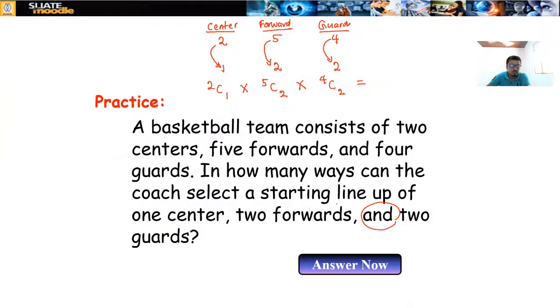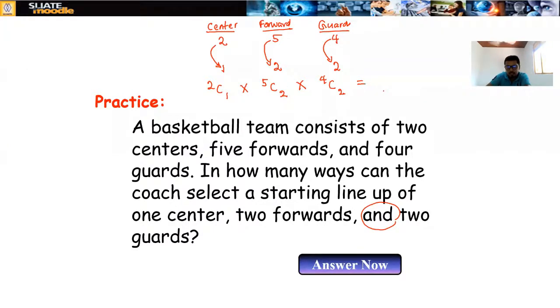In a cricket match we don't play 5 bowlers or 6 batsmen; we play 5 bowlers and 6 batsmen, using the word and. Here also it is the same: 1 center and 2 forwards and 2 guards, so multiplication.